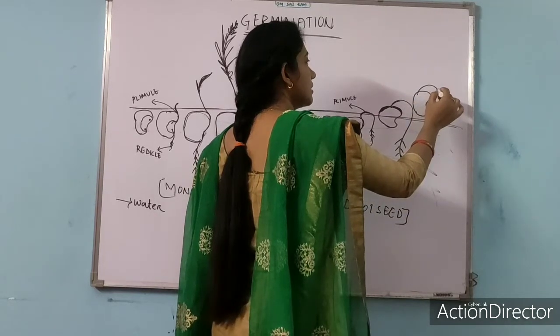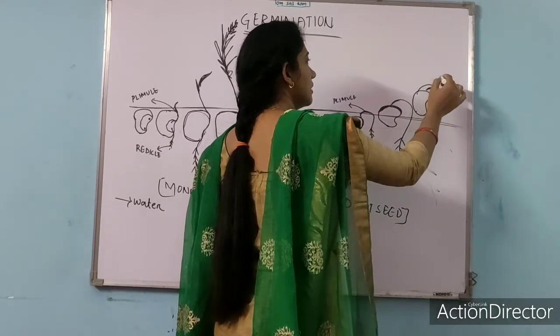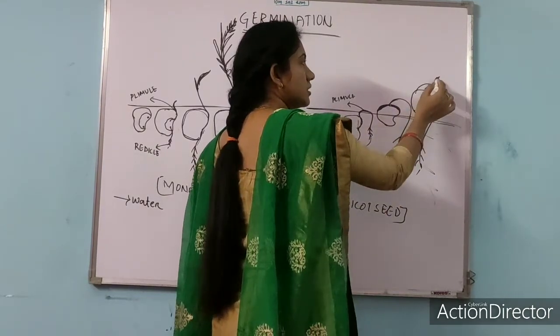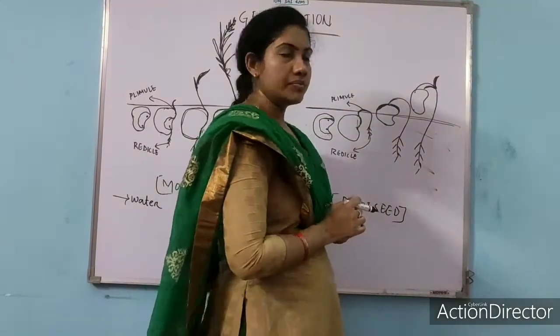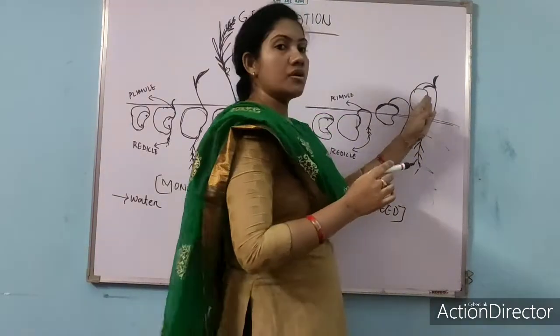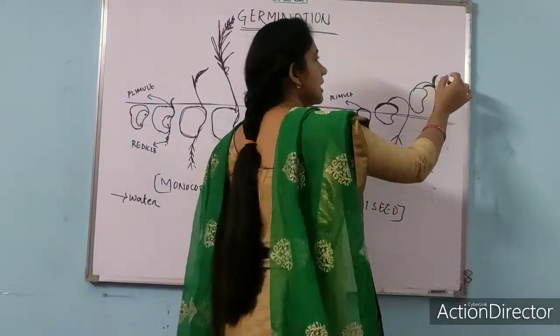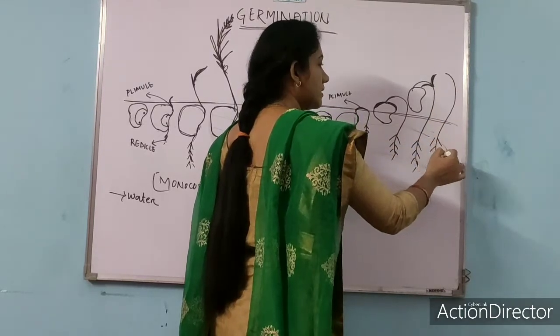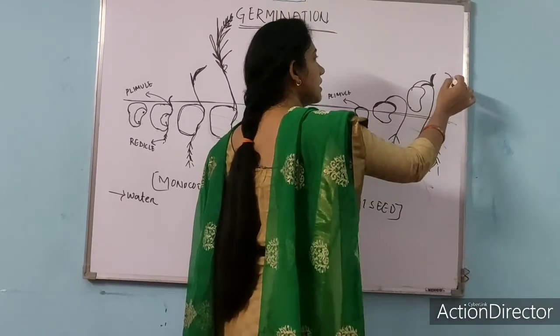And now the cotyledon will be detached. This is the cotyledon. This cotyledon will be detached from the seed, and then both the cotyledon and the seed will get dry and fall from the plant, only the shoot remaining.